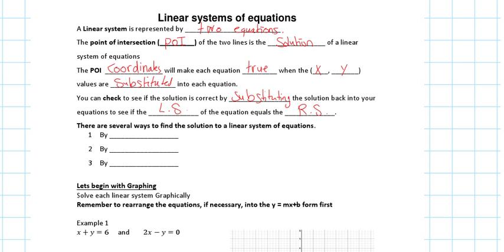Now, there are 3 ways that we're going to learn to solve a linear system. Way number 1 is by graphing, which is the easier way if you know how to graph.